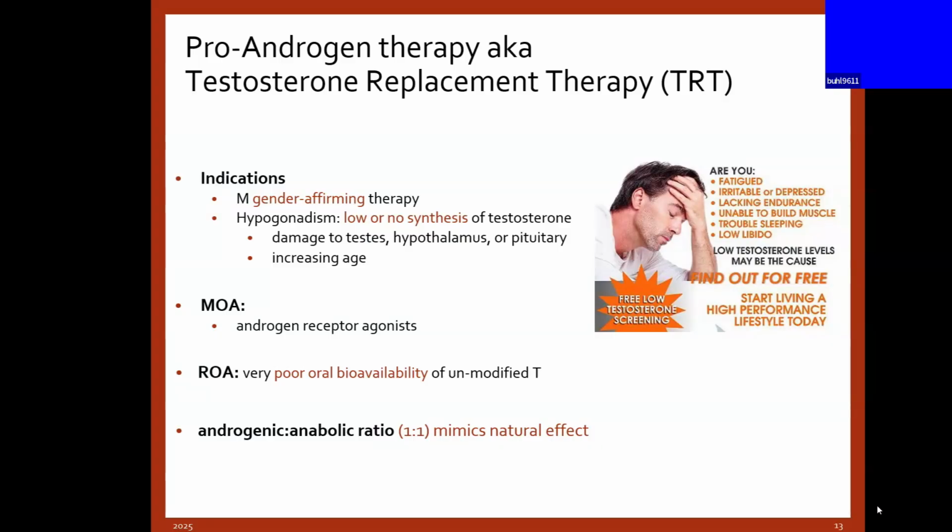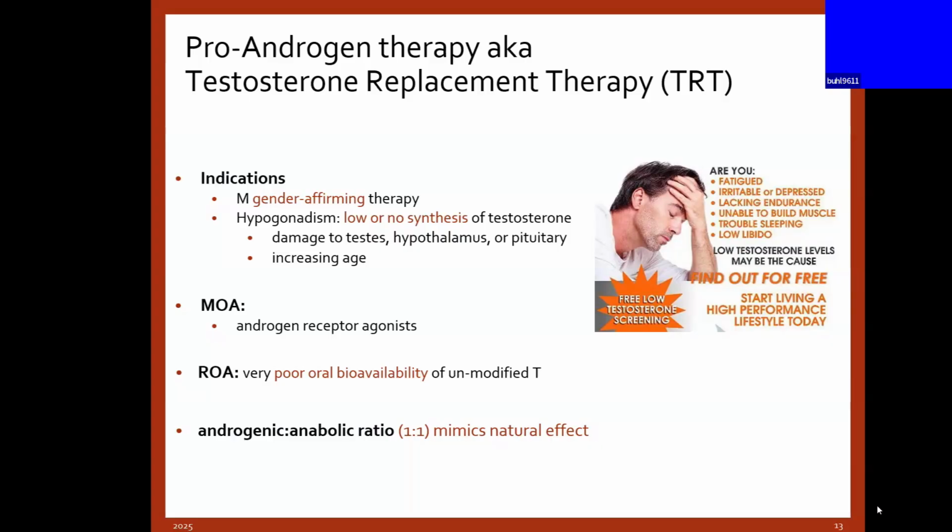The mechanism of action for these, they're just androgen receptor agonists. Unmodified T has a very poor oral bioavailability. And what's interesting here is the androgenic anabolic ratio. If you have a drug that comes in and is an exogenous androgen, it might have a varied amount of anabolic versus androgenic effects.